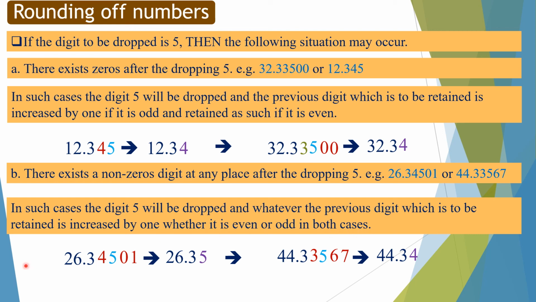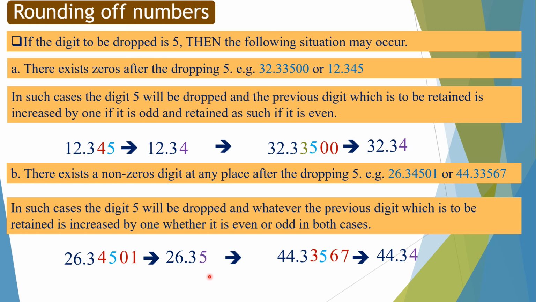Here in 26.34501 the dropping digit is 5 and there exists a non-zero digit after 5, that is 01. 4 is to be retained, so it is increased by 1 and 26.34501 is rounded off as 26.35.